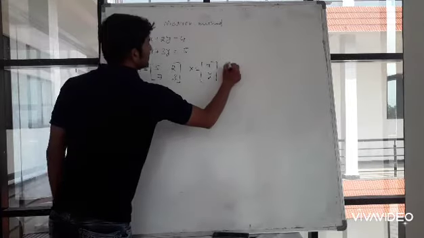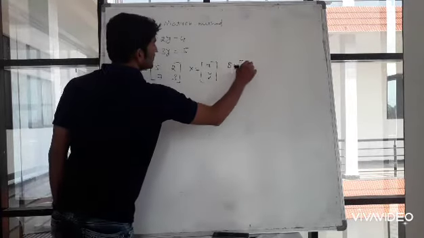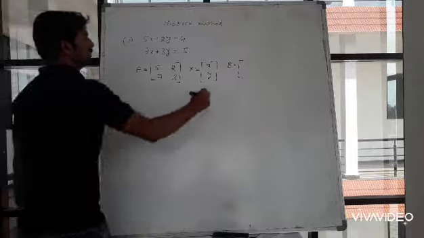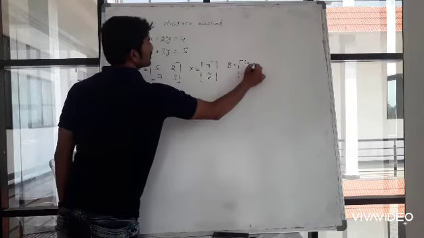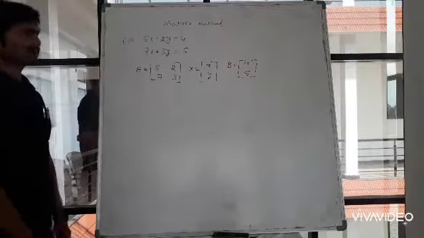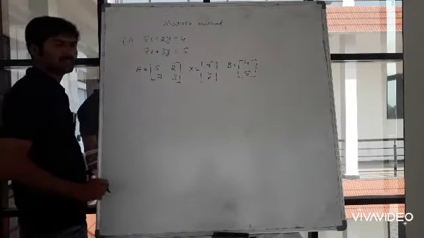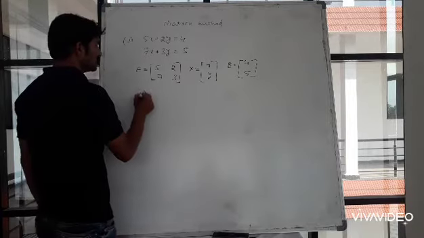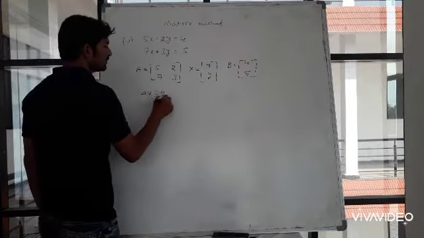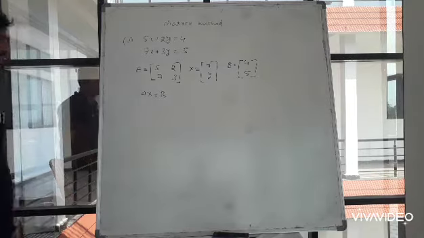Then b means the elements present on the right hand side of the equations, the constants, 4, 5. The equations are in the form Ax is equal to b.